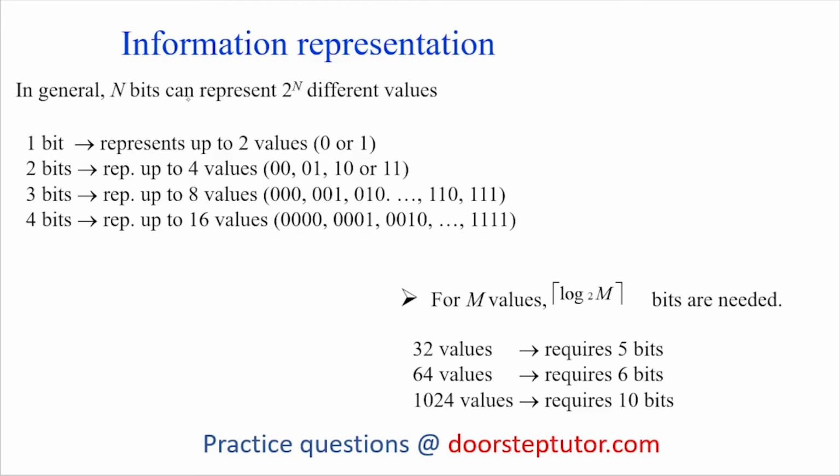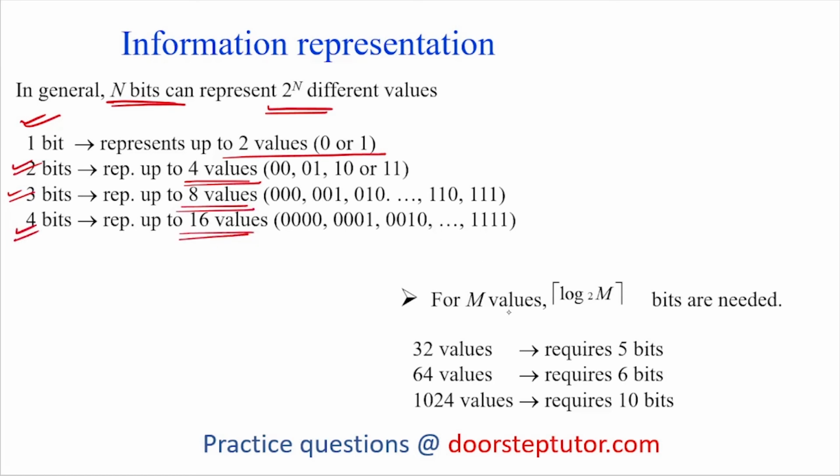Similarly, n bits can represent 2 to the power n different values. For example, 1 bit can represent 2 values, that is 0 and 1. 2 bits can represent 4 values. 3 bits can represent up to 8 values. Similarly, 4 bits can represent up to 16 values.